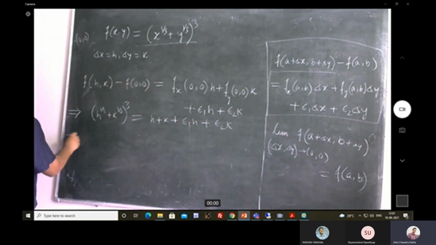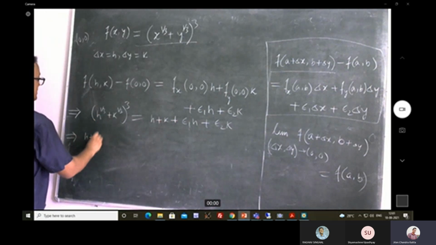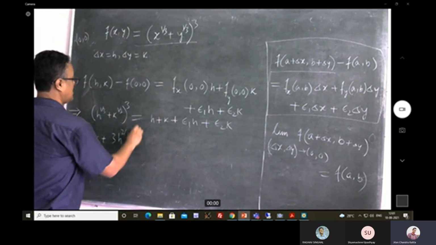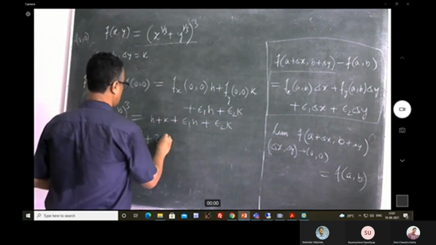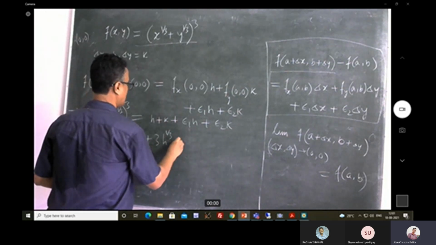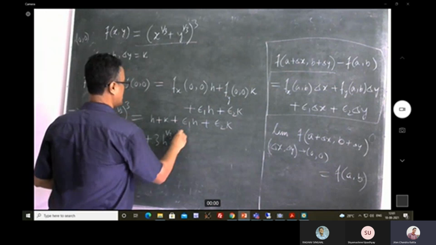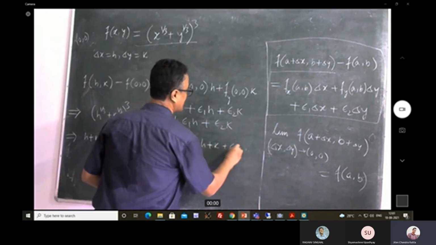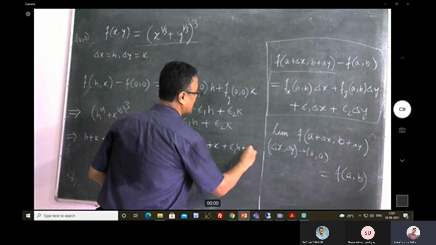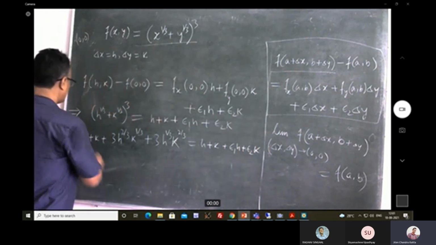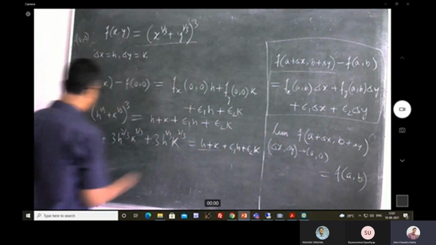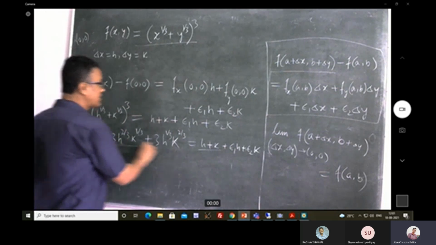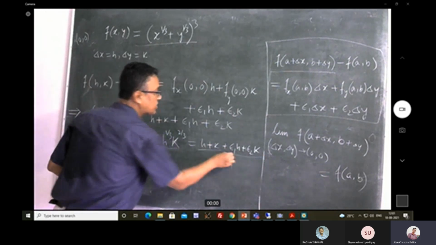So from here you will see that this is simply h plus k, and then h plus k plus epsilon 2 k. So these two cancel out. Then I will try to adjust these two terms in this form.